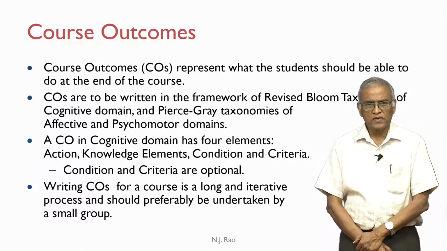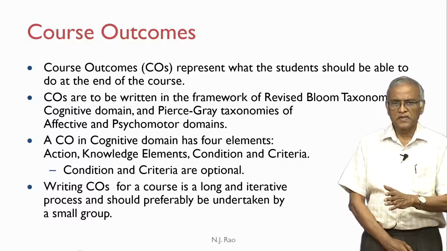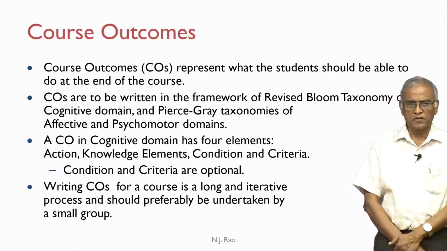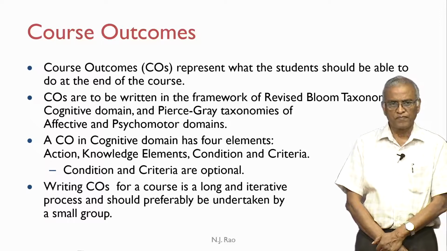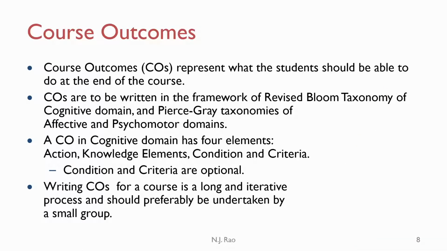Coming to course outcomes, they represent what the student should be able to do at the end of a course. And COs are to be written in the framework of the revised Bloom taxonomy of the cognitive domain, and we have presented Peirce and Gray taxonomies of the affective and psychomotor domains.